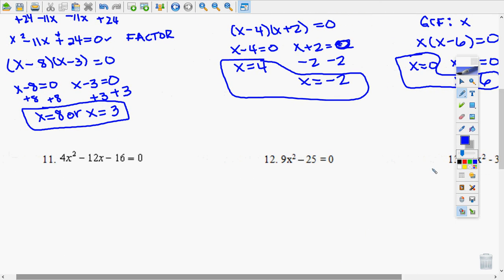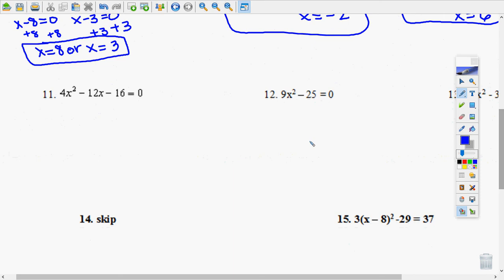All right, number 11. We go through this, we notice that all 3 of these numbers are divisible by 4. So the first thing I'm going to do is factor out a 4. So I'm going to divide every single term by 4. Now we're going to factor. So what two numbers multiply to make 4 but subtract to make 3? And that would be -4 and +1.